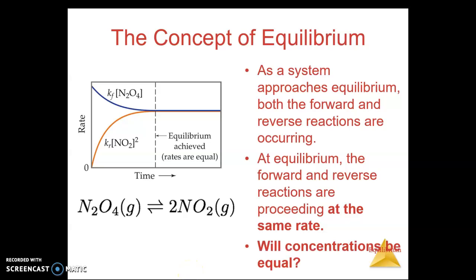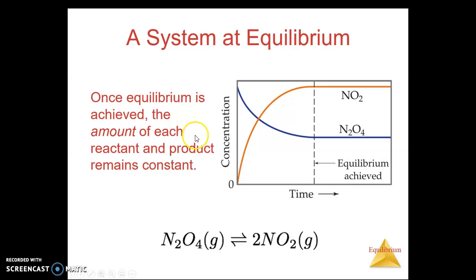Now, will the concentrations be equal? And the answer to that question, of course, is that once equilibrium is achieved, the amount of each reactant and product remains constant, but they're probably not the same. As you can see here, equilibrium is achieved, and at that particular temperature, you have this amount of N2O4 and this amount of NO2 in the reaction vessel.